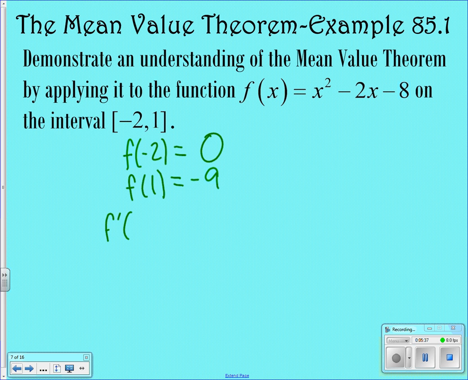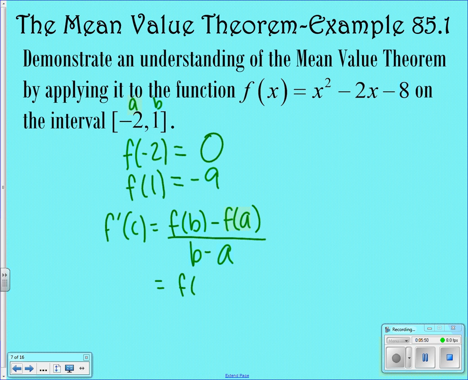And so now we're going to use the mean value theorem. And I'm going to write it out for you. Our b value is the 1. So what is f of 1 minus f of -2? And then we have 1 minus -2.